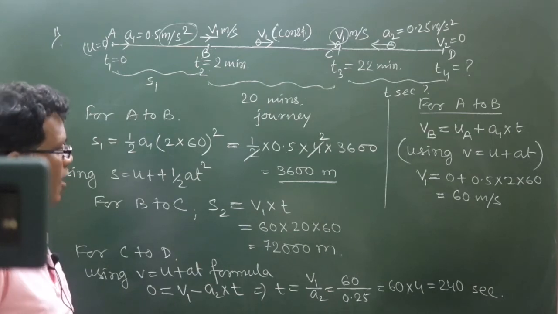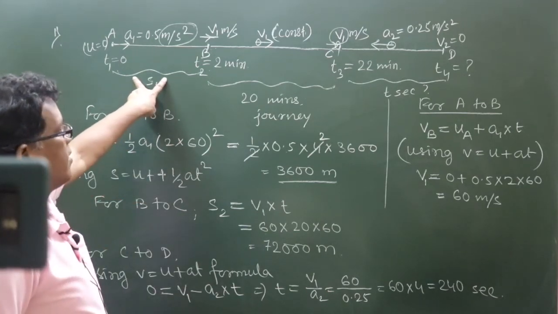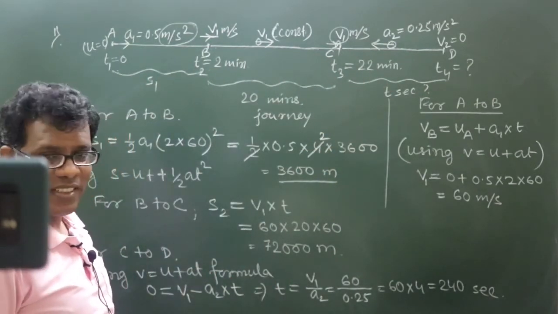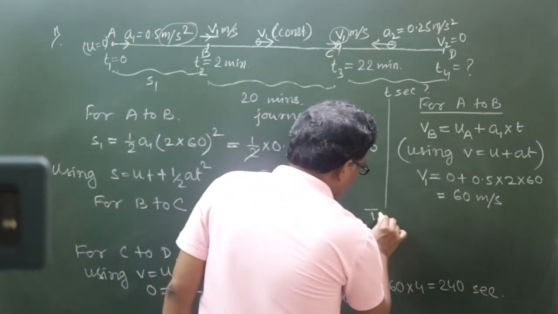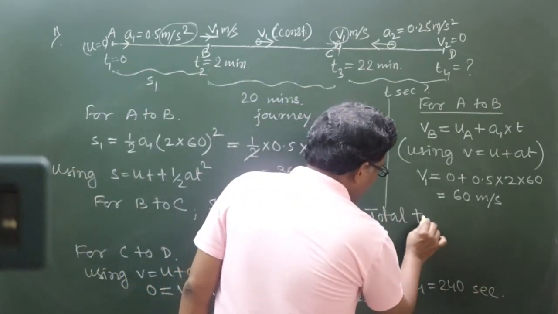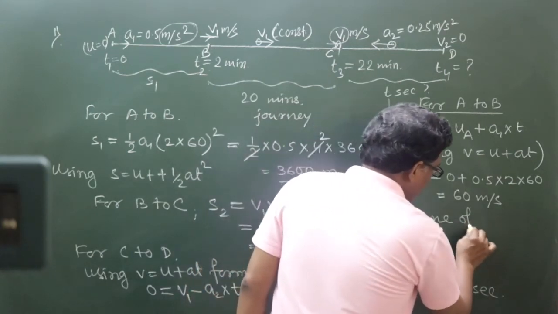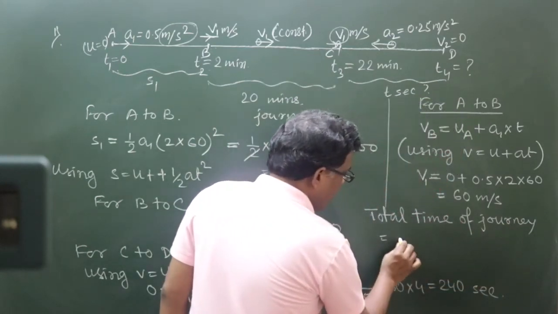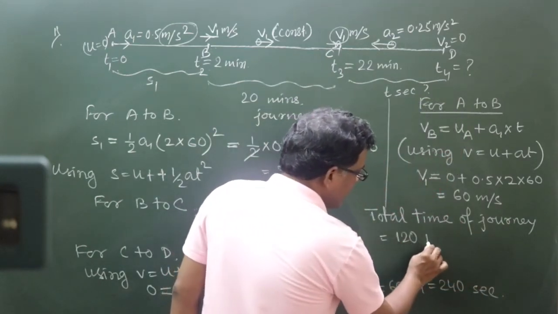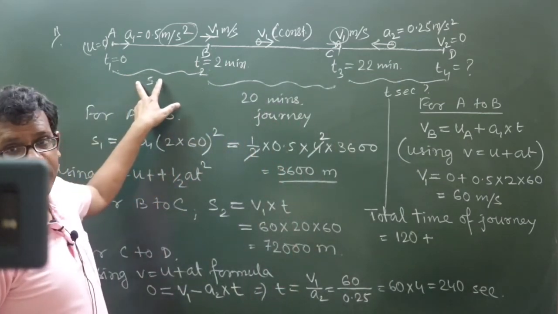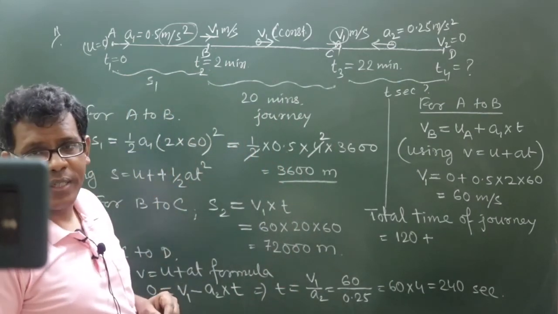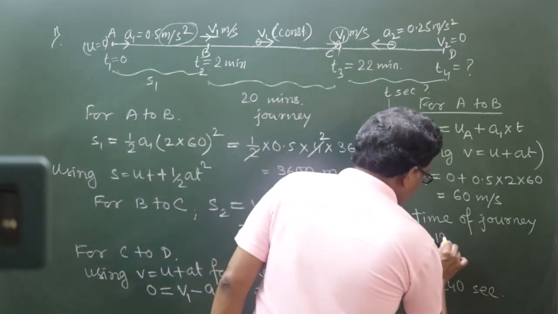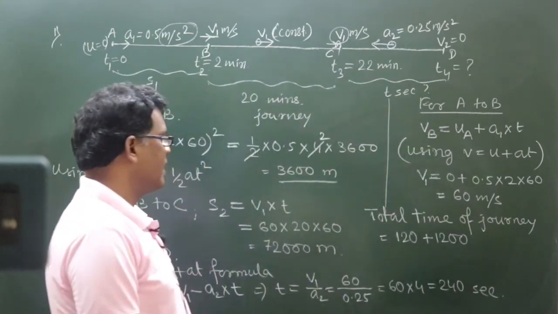So total journey now: first one was 2 minutes, second one was 20 minutes, and last one we are getting as 240 seconds, right? So we can write down the total time of journey. 2 minutes for the first phase of the motion means 120 seconds. Second one was 20 minutes, which means 1200 seconds, isn't it?